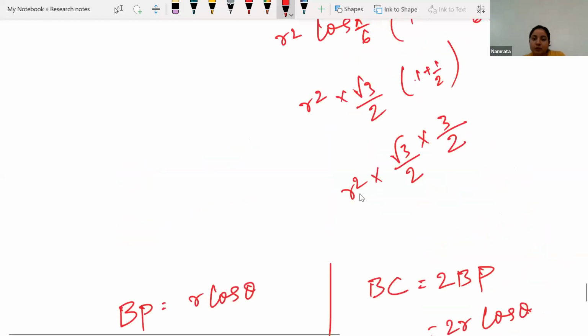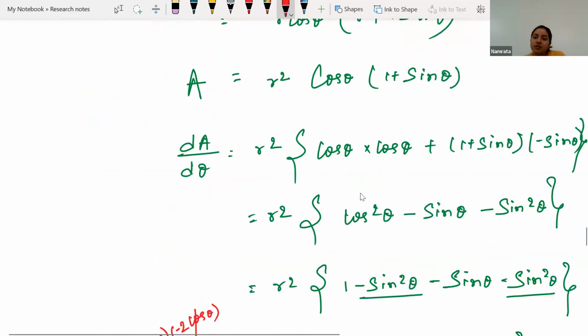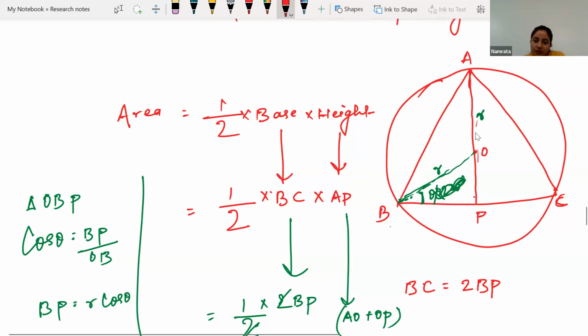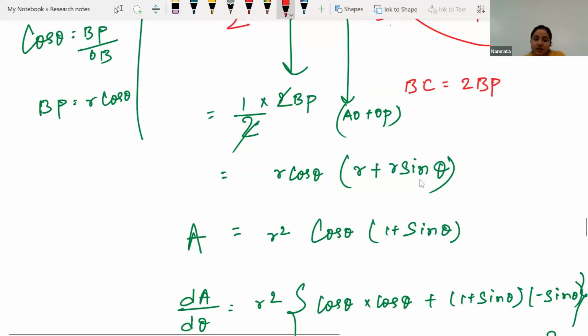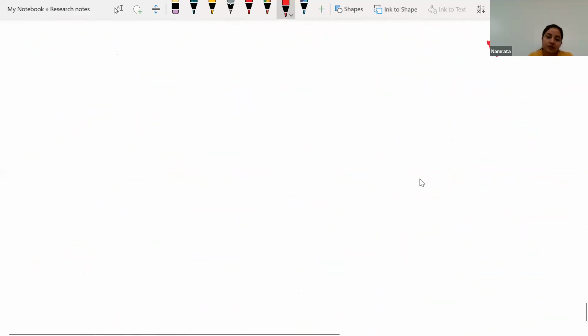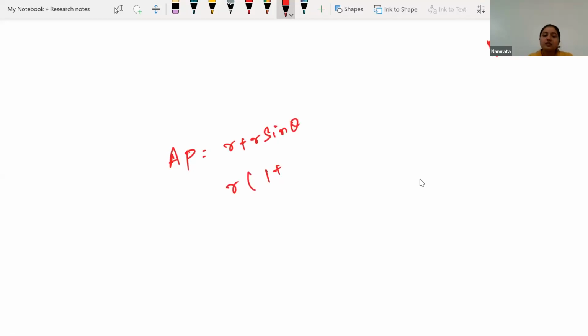What about the other side? The other side we are still not able to find, but AP we know. What is AP? AP is R plus R sin theta. If we take R common, it will be 1 plus sin theta.